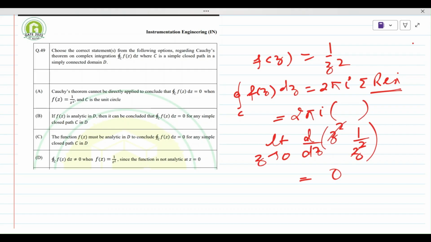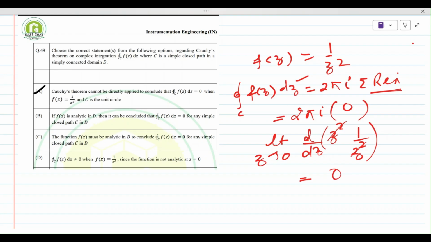It means your residue is 0, and 2 pi iota into 0 is 0. So this integral becomes 0. Directly, we can't apply Cauchy's theorem because here it is not analytic. But using the residue theorem, we can show that its integral becomes 0. So option A is the correct option.